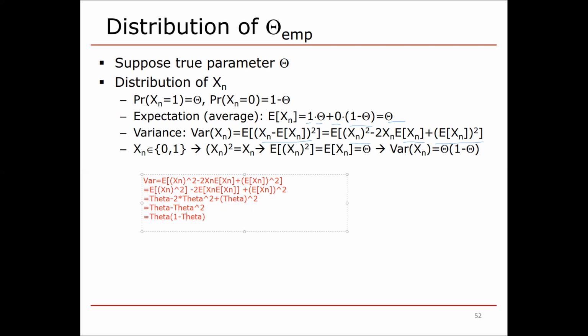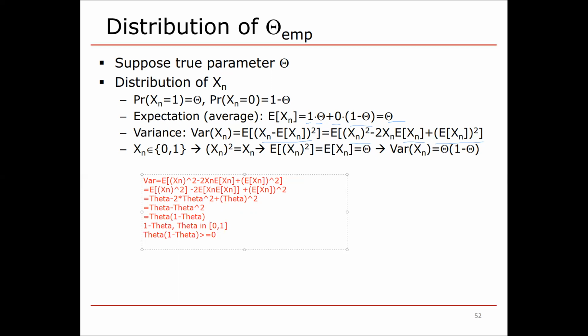Quick comment. Theta is in the range from 0 to 1. That means that 1 minus theta is also in the range between 0 and 1. And it means that theta times 1 minus theta, the variance, is greater than or equal to 0.